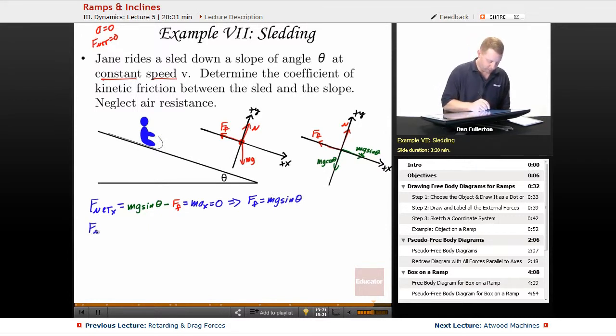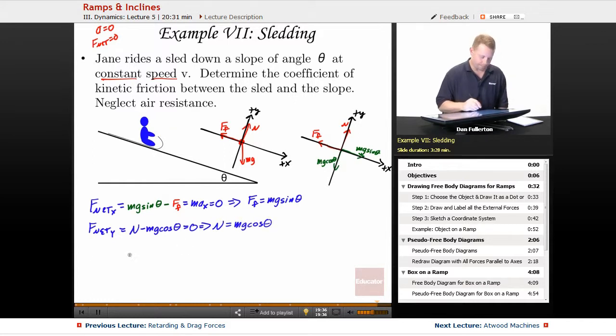And if we look in the y direction, net force in the y direction equals n minus mg cos theta equals 0. Therefore, n equals mg cos theta. So the coefficient of friction is the frictional force over the normal force, or again, mg sine theta over mg cos theta, which is just tangent of theta.